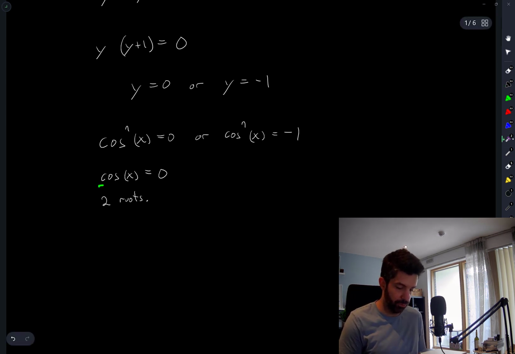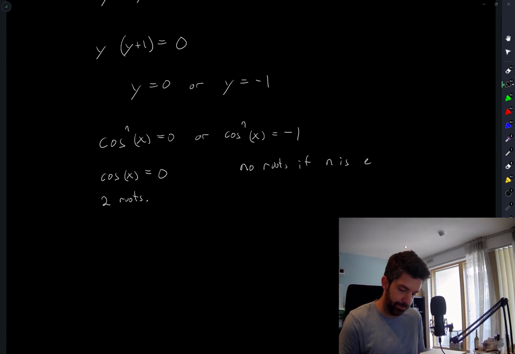If you just visualize what the cosine function looks like, a standard sinusoid, it crosses from top to bottom and then once more from bottom to top. So that's where the two roots come from. And here, this has no roots if n is even, and one root if n is odd.